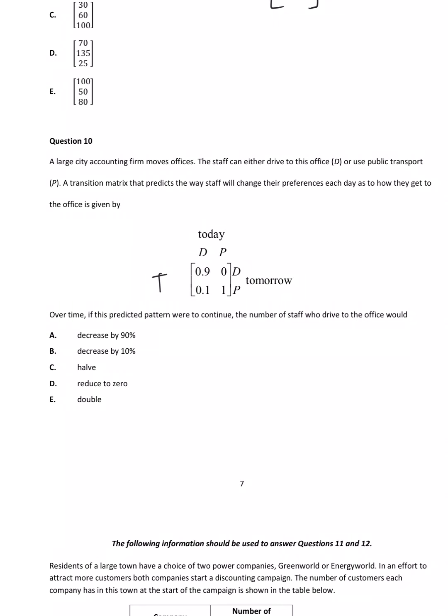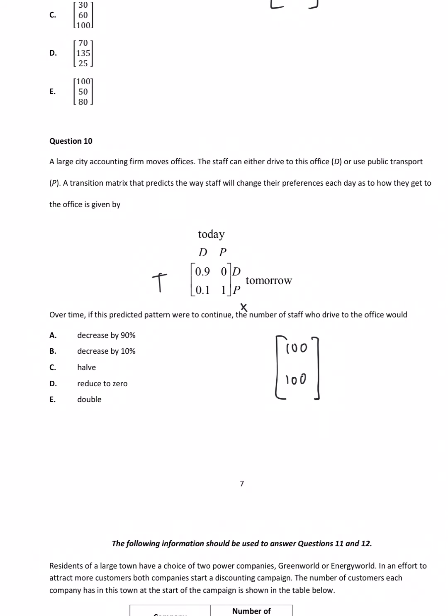Over time, if this predicted pattern were to continue, the number of staff who would drive to the office would. So there's a number of ways of doing this, but what you could do is start with an initial state and times your transition by this, to work out how people move over time.